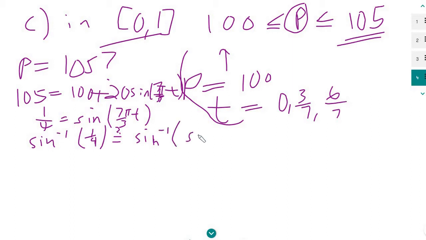So using the inverse sine to cancel the regular sine, t. Okay, so I'm just going to go to my calculator right now. I make sure that my calculator is in radians, and then I do inverse sine of 1 over 4.